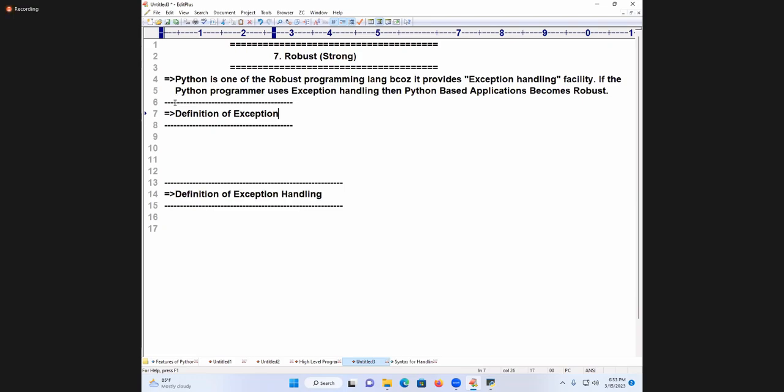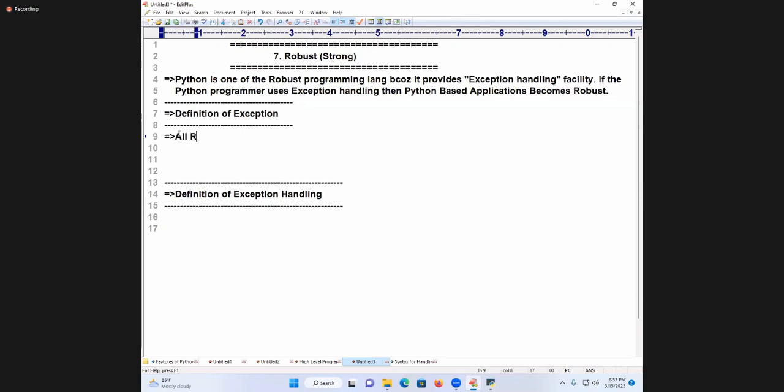Valid input, valid output. Invalid input gives an exception. Don't apply academic intelligence, ordinary or extraordinary. Valid input gives valid output. Invalid input gives an exception. Understand? Tell me, what is the definition of exception?